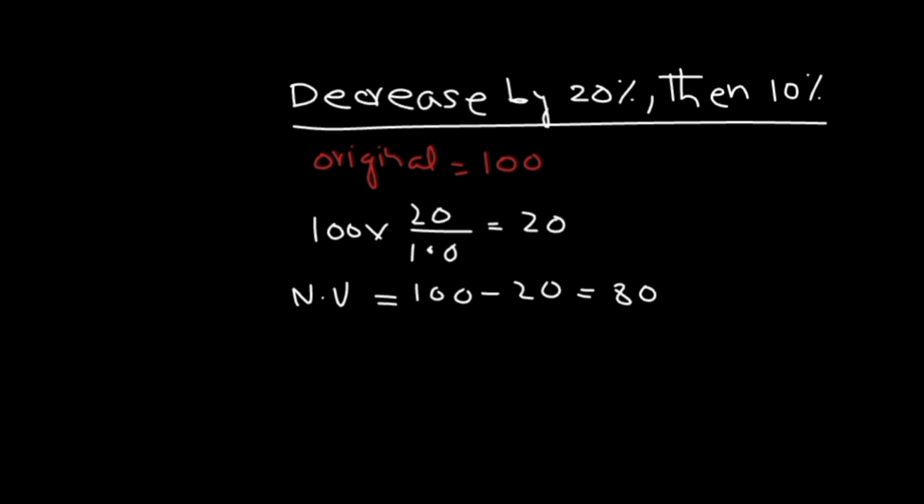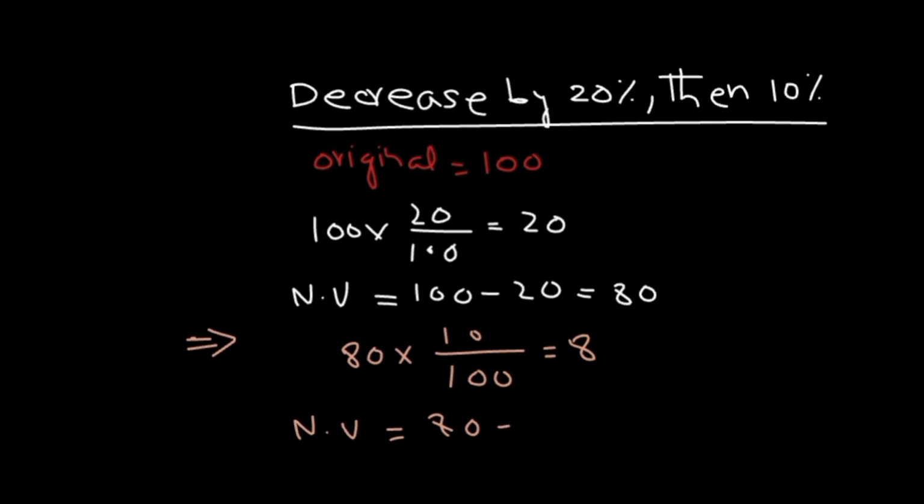So for this we have 80 times 10 over 100, that is equal to 8. So now our new value is 80 minus 8, that is equal to 72.